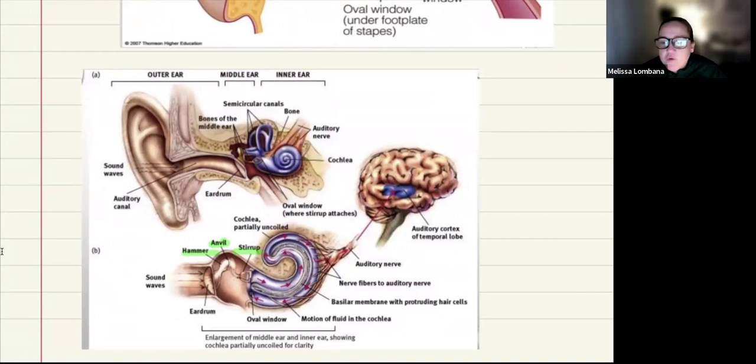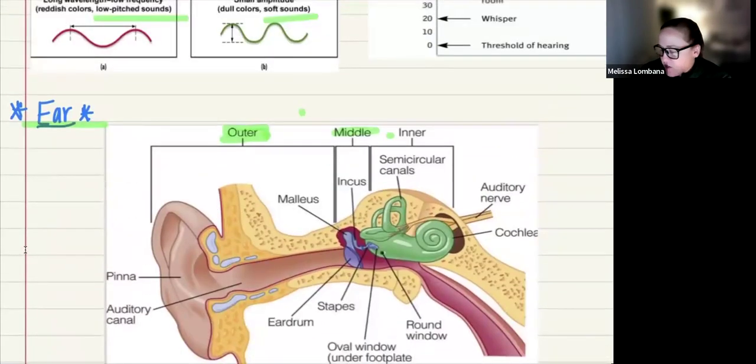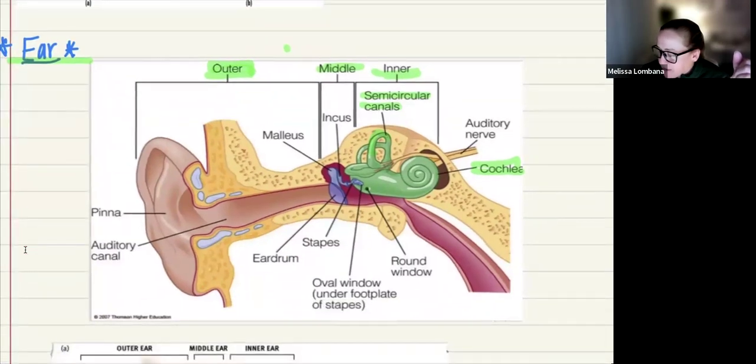Those three bones are what receive the sound waves, and then they send those sound waves into the inner ear, which is your cochlea, this snail-like structure. The semicircular canals are here, but this is your cochlea with the semicircular canals.